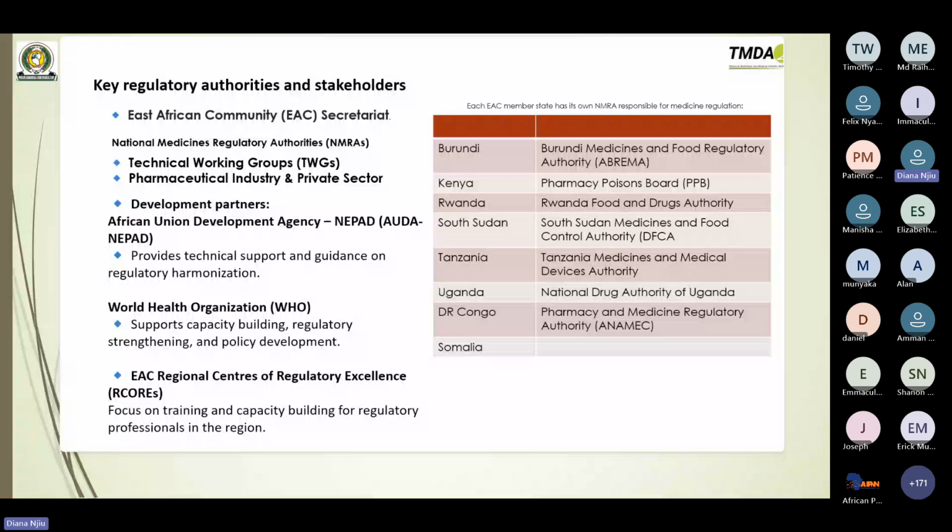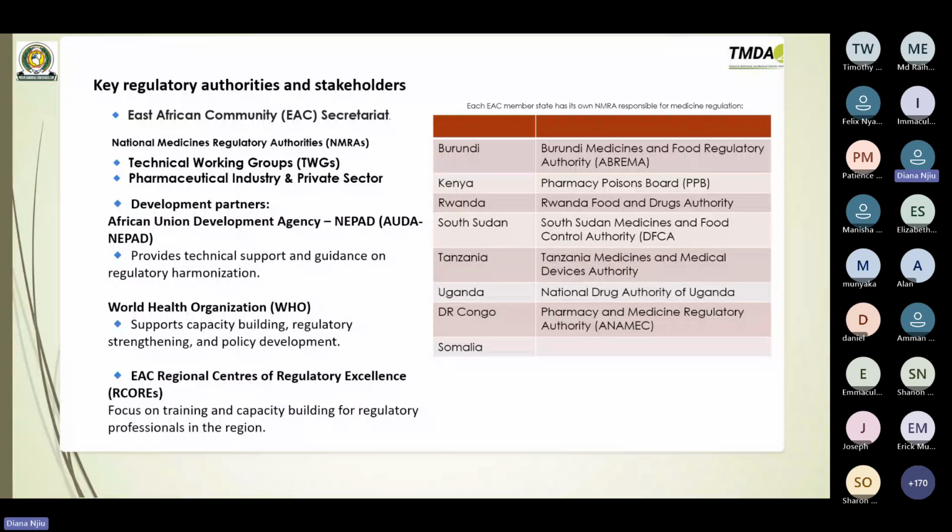And also we have technical working groups. In order to have the common technical documents, the guidelines, and the SOPs, technical working groups have been involved. These are a team of experts within the region that have been involved to prepare all these materials, the guidelines and the SOPs within the program.